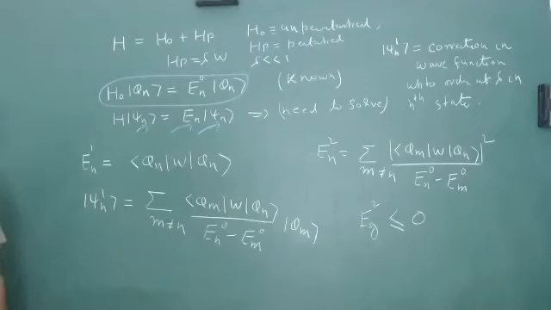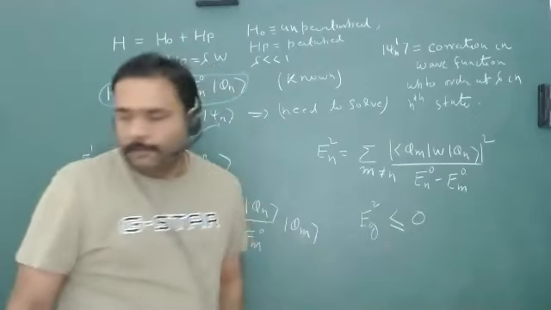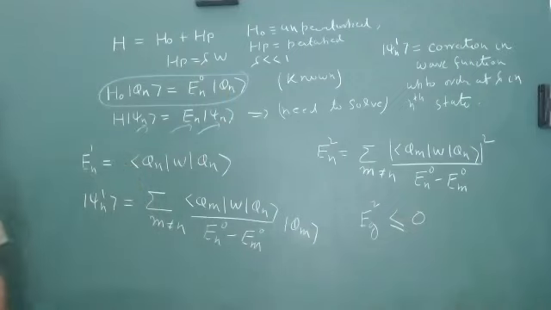Are you satisfied with this? For the ground state, Eg2 is less than or equal to 0. Can you justify the answer? You can just tell me something. Okay. Yes, you can justify.